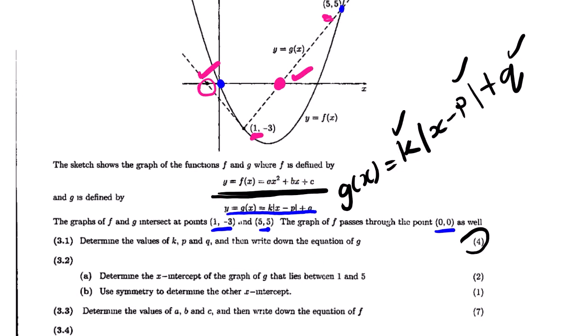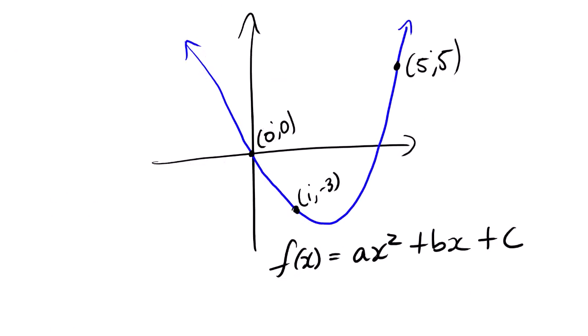Our next question, which is 3.3, determine the values of a, b, and c, and then write the equation of f. This is our parabolic graph, which is graph f. As you can see, when dealing with questions, you only focus on the graph or the function which the question is based on, and also look at the given information in order for you to answer the question.